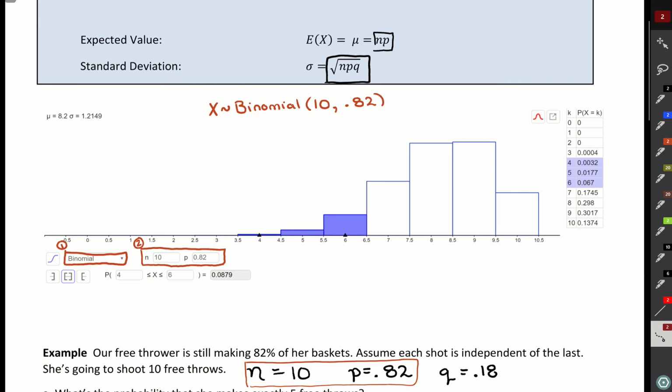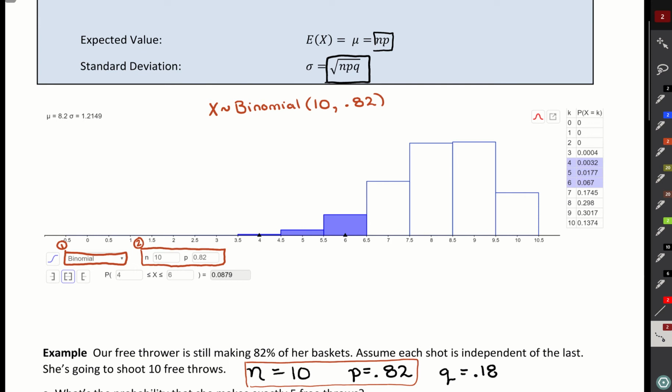But then our probabilities start to increase with what we expect to happen and the more likely events. It's around 8 and 9 that we really expect her to land, and then from there it starts decreasing, because yes, there's a high chance that she'll make all 10, but not as high as her making 8 or 9. So that's what's being shown in the picture there.